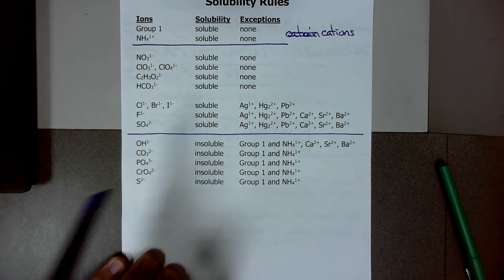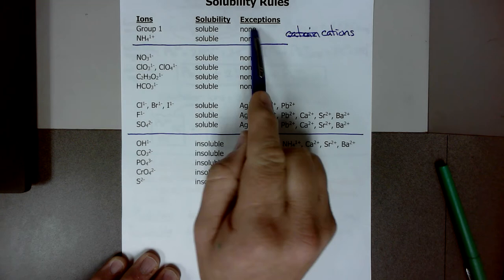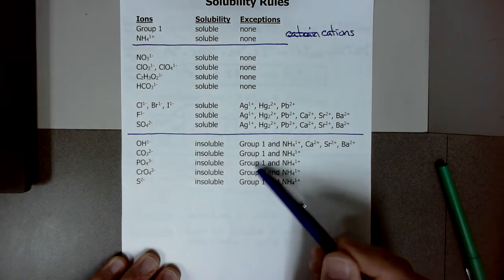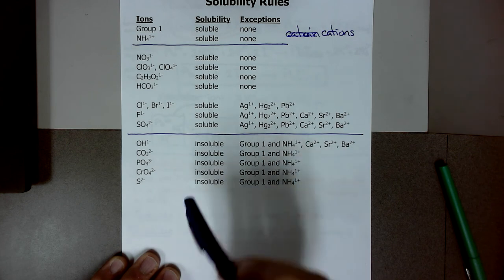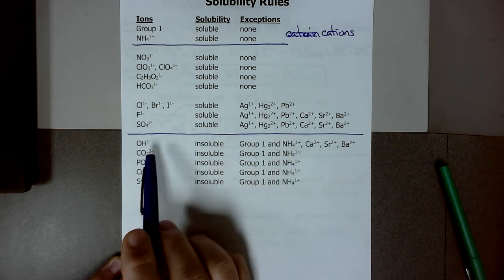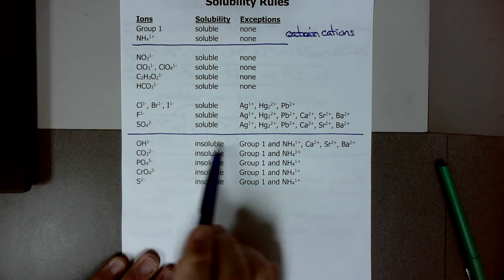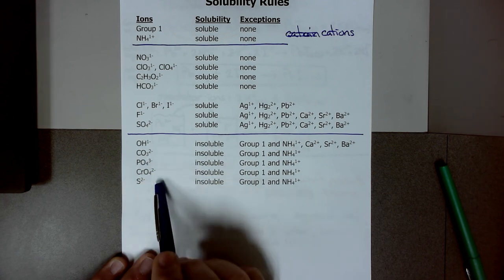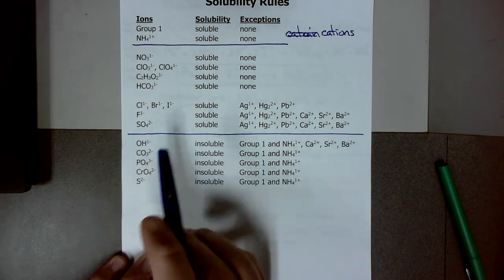And remember, anything with group 1 and ammonium, doesn't matter what, are always soluble. So that's why these are exceptions for the insoluble ones, the ones that become solids. Carbonates, phosphates, chromates, and sulfides are all the same. They're all insoluble no matter what, unless it's group 1 or ammonium. So that's how I would read it.